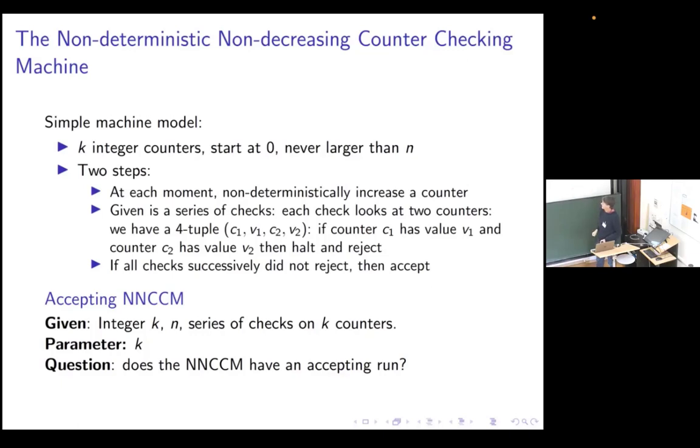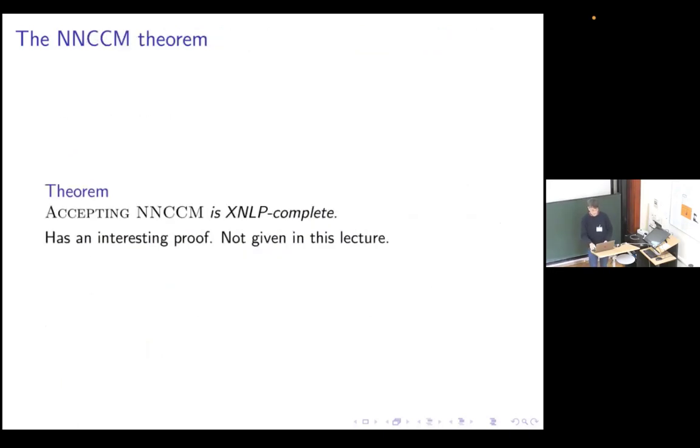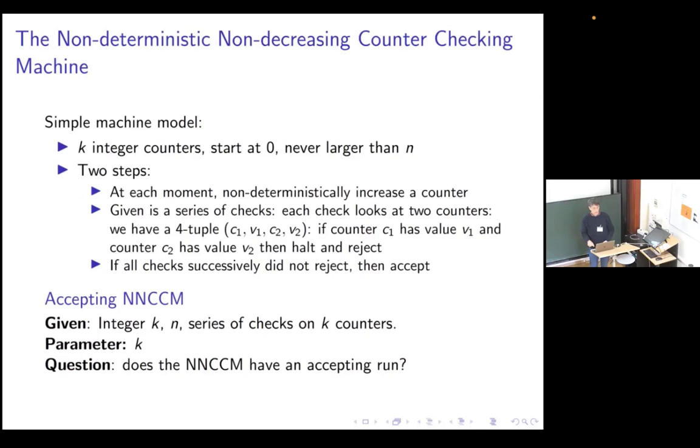That's actually XNLP-complete. So are the checks happening, sorry, do you have the same check that you run at every time step? No, there is a sequence of different checks. Basically, the machine is described by the number of counters, 0 and n, but the main thing is this sequence of checks where every check is a four-tuple: a counter name, a value, another counter, and another value.